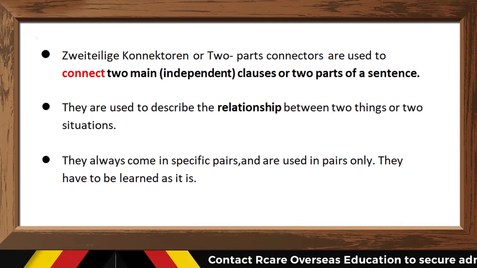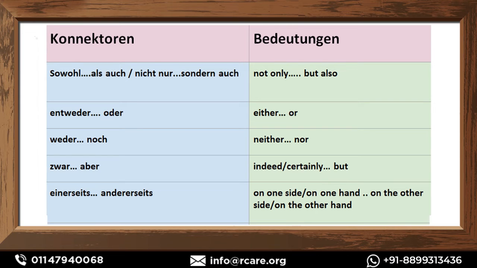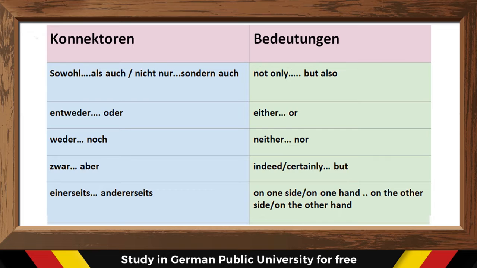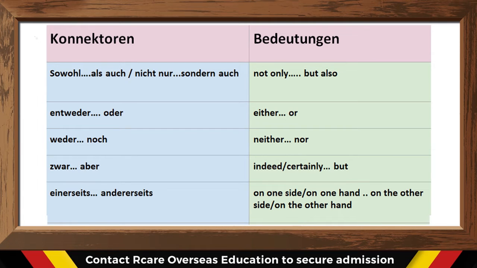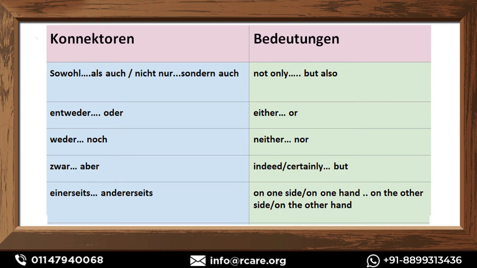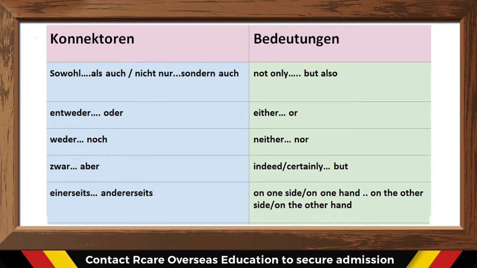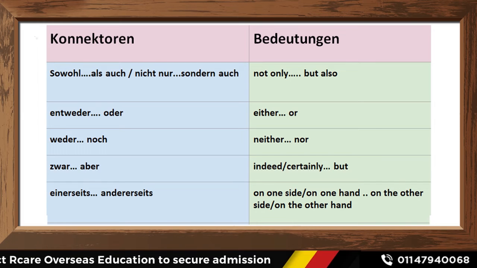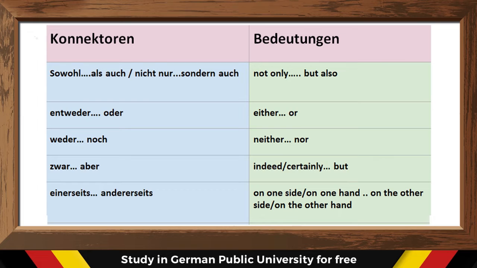We'll first learn what these connectors are, what they mean, and then with the examples we'll be learning how they can be used in a sentence. So the first connector is sowohl als auch, which is also known as nicht nur, sondern auch. Both of these connectors are exactly the same with the same meaning, which means not only but also.